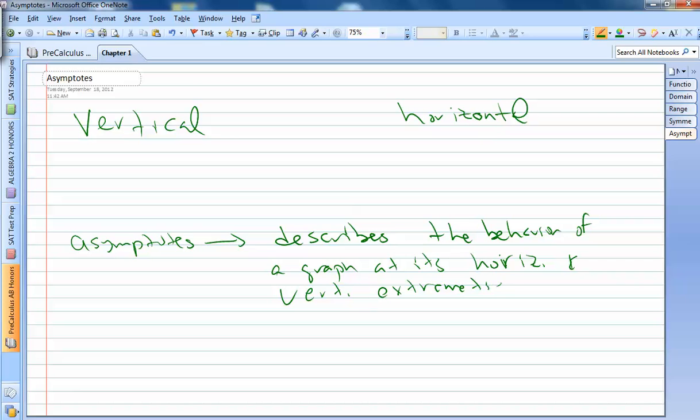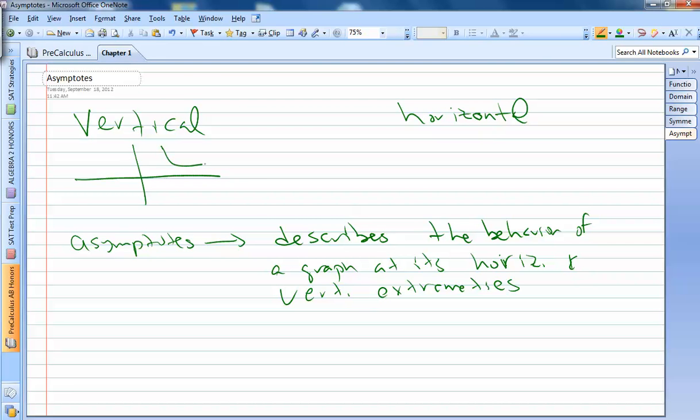There seems to be some misconceptions about asymptotes. Some people might think, oh, it's a certain part of the graph you can't cross, or some sort of restriction or stuff like that. Really, the best way to think about it is how the graph behaves at its horizontal and vertical extremities.